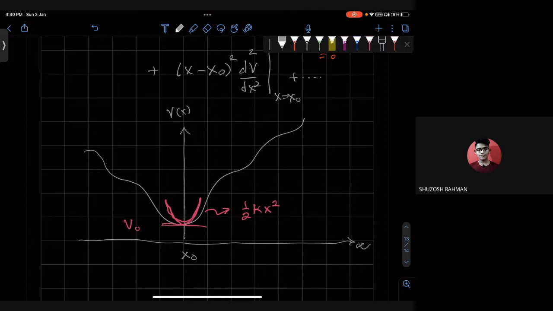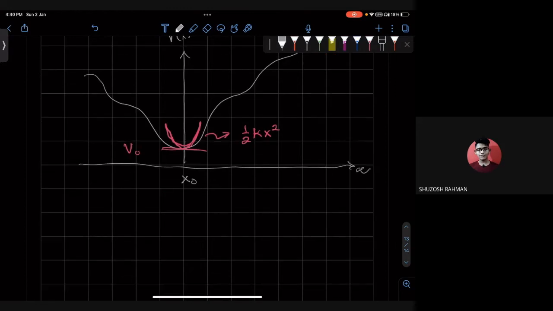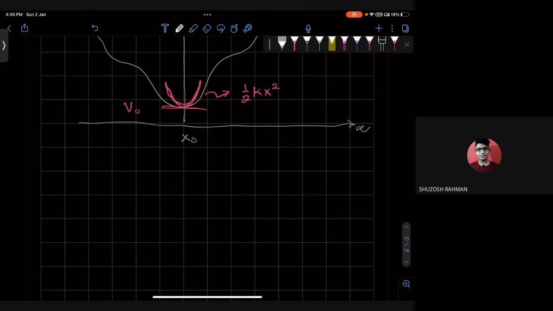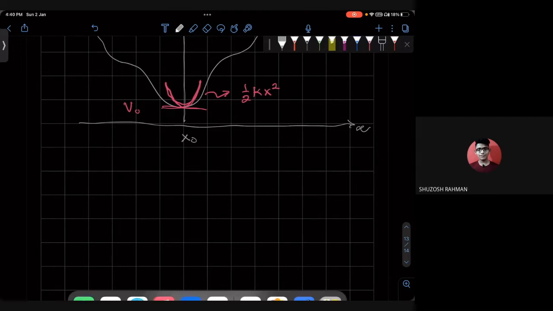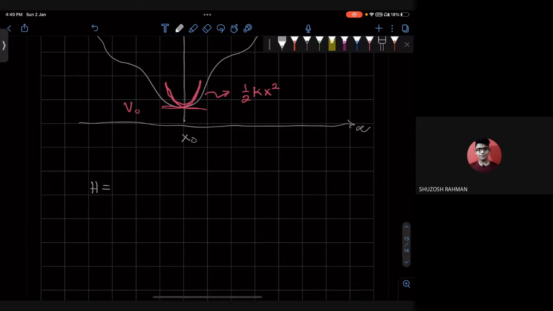So essentially, with a bit of change of variable, the local Hamiltonian for any system with a local minimum or a global minimum, if it's a global minimum, that's even better, will look like p squared by 2m, the kinetic energy of the particle, plus a quadratic potential term.